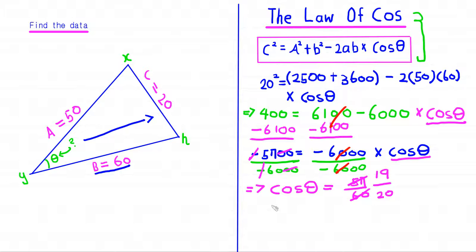So we have found that cosine of theta is equal to 19 over 20. But we need to find theta, not cosine of theta. That means we need to undo the cosine on both sides.